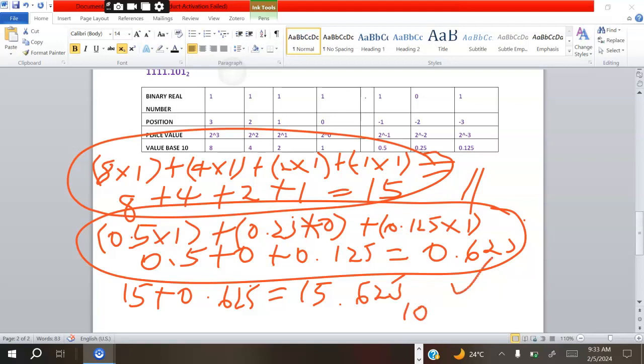This is now the final answer. So up to that point, I think we are on the same page on this concept of number conversion from binary to decimal.